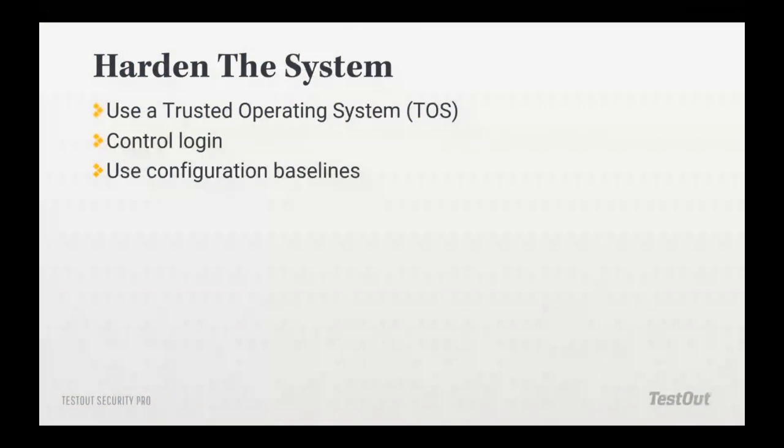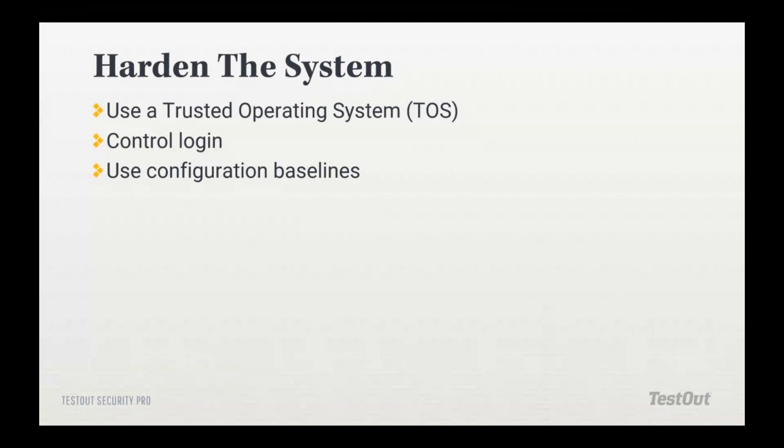Now, one way we can harden the system is to use a trusted operating system. A trusted operating system is an operating system that comes hardened and validated as part of a specific security level, and it's defined in the Common Criteria for Information Technology Security Evaluation.